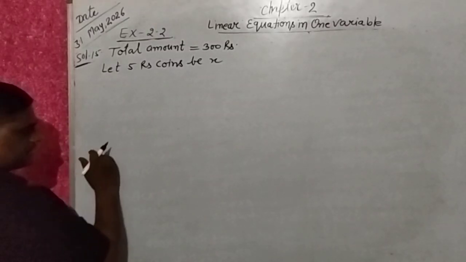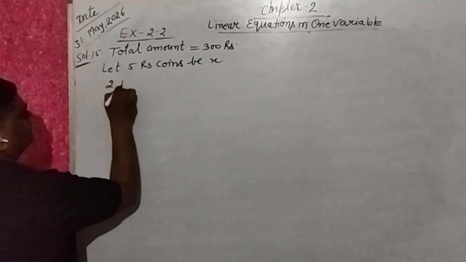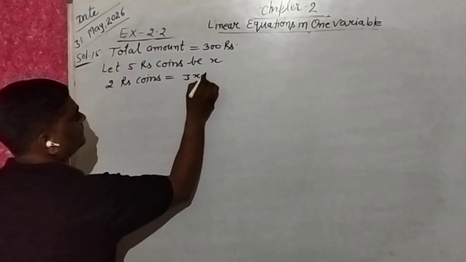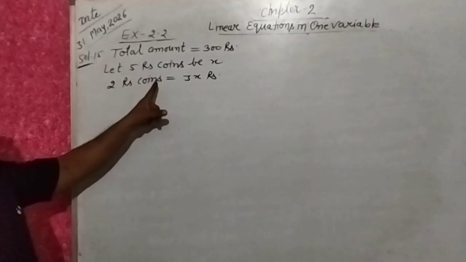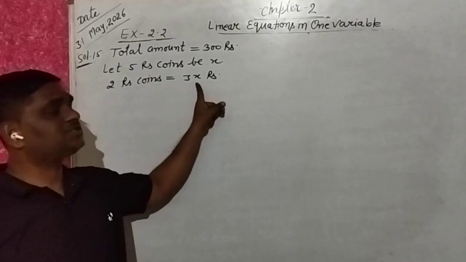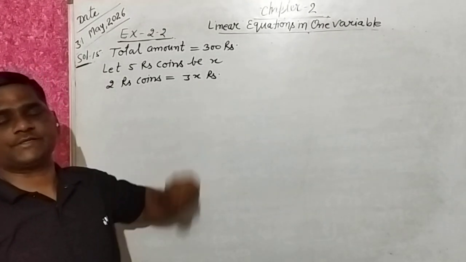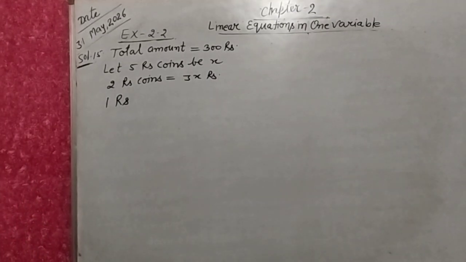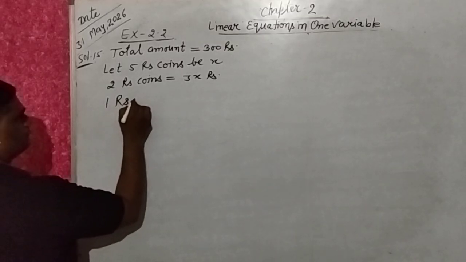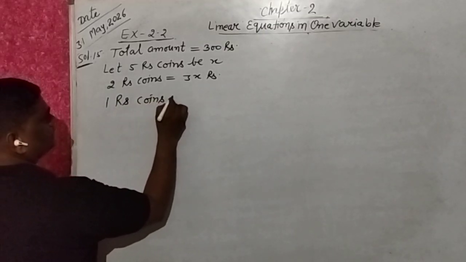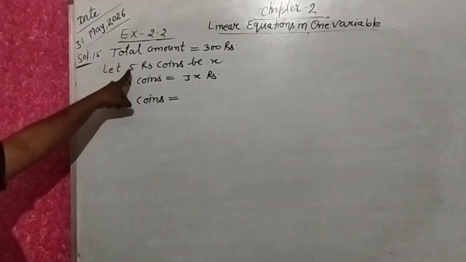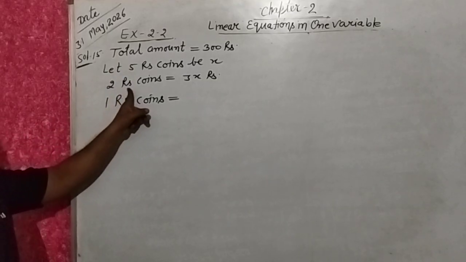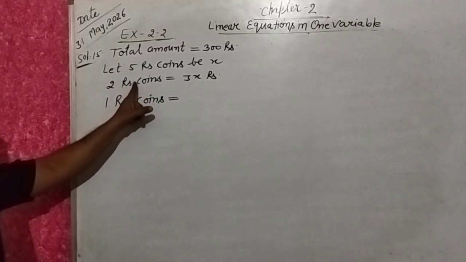And the number of 2 rupees coins is 3 times, so we multiply 3x. And 1 rupee coins.